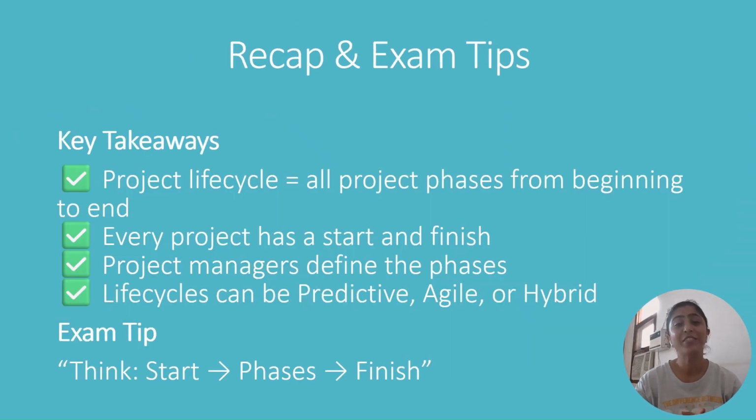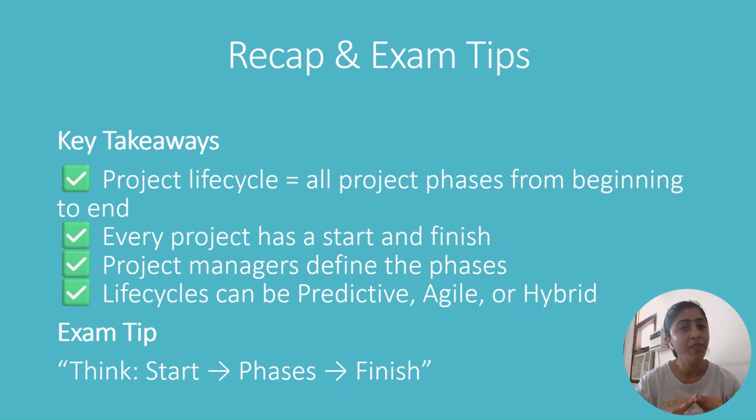So let's recap the project life cycle with our house analogy. First, a project life cycle is the journey from foundation to finish. Second, every project has a beginning and end. And the project manager is the one who defines phases, like a builder deciding the steps.